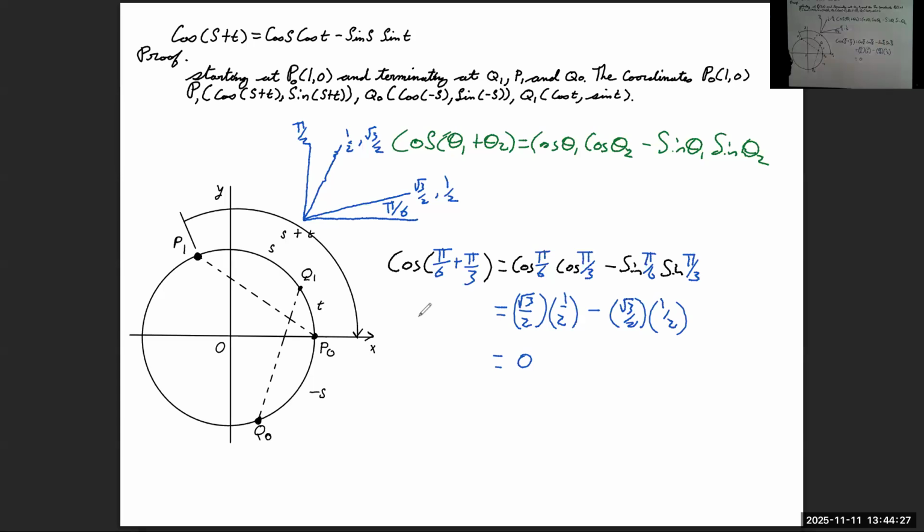I've once again confirmed it's 0. Cosine of pi over 2 is 0. Confirmed.